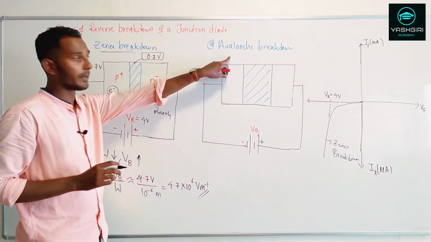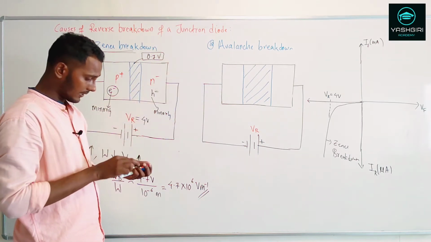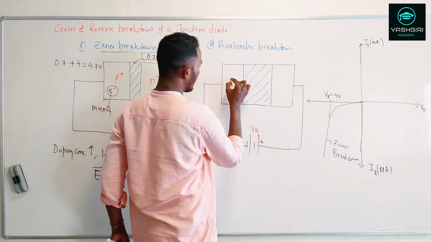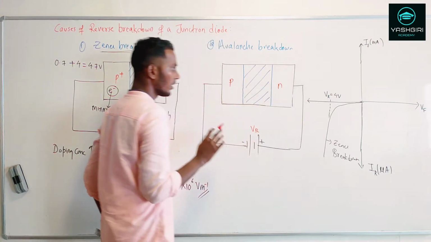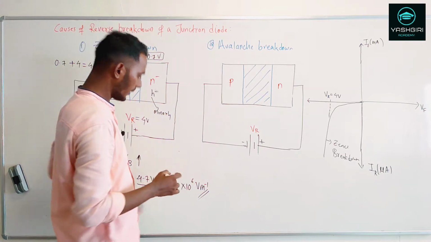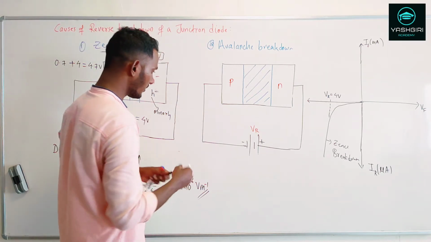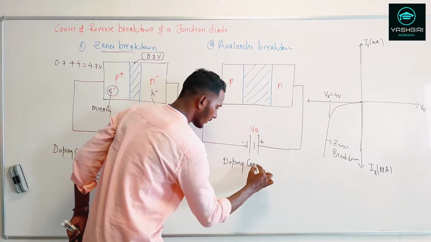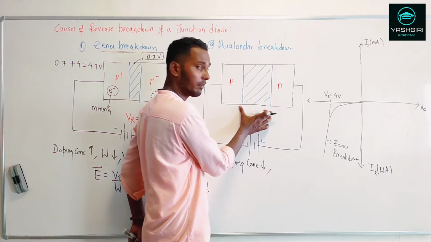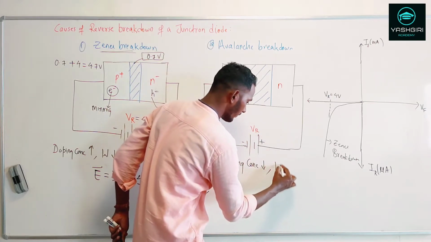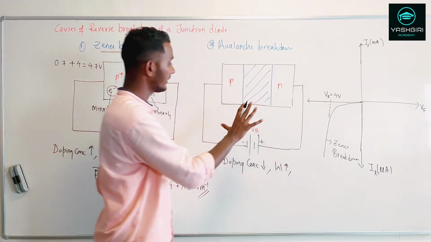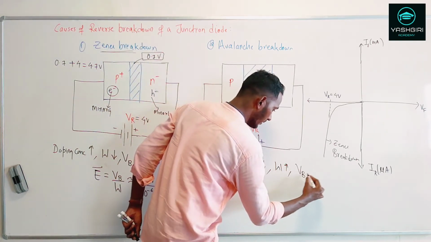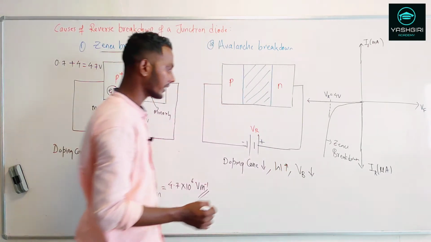Whereas this avalanche breakdown occurs in junction diodes which are lightly doped. So here I'll just be using P and N, and these are lightly doped. Now we know that when the doping concentration is low, the depletion width is going to increase, and if the width increases, the potential barrier will be very weak.